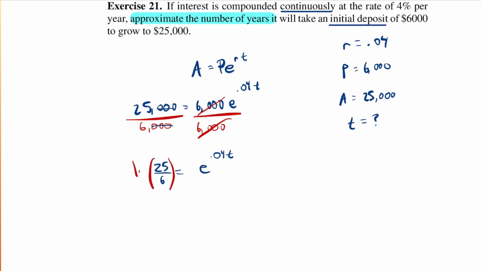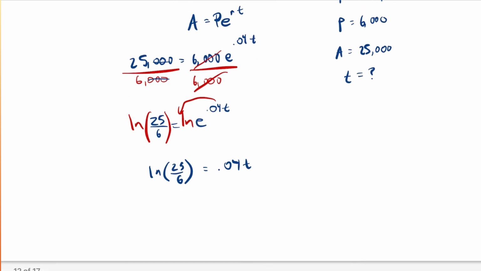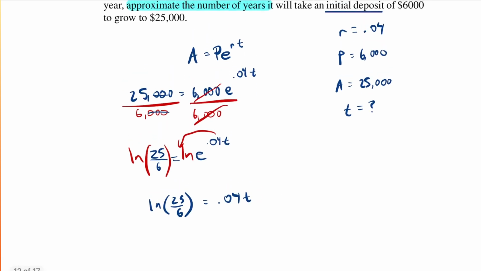That allows us to move the exponent to the front. So we have ln of 25 over 6 equals 0.04t ln of e. But remember, ln of e is just equal to 1, so that basically goes away. Now to solve for t, we divide by 0.04, and that will do it.